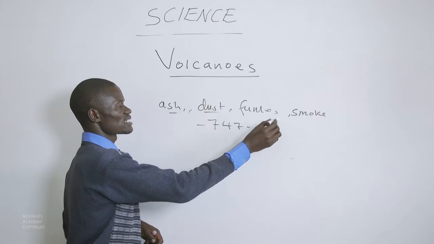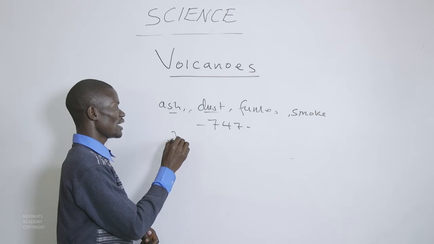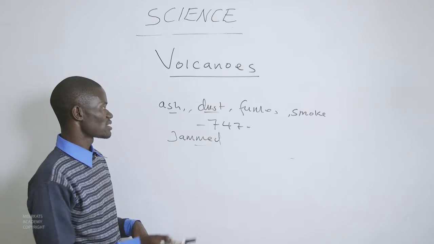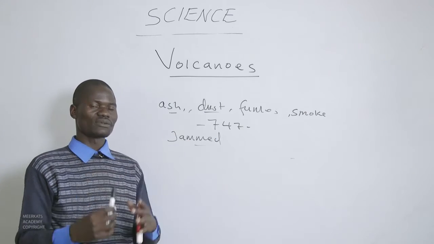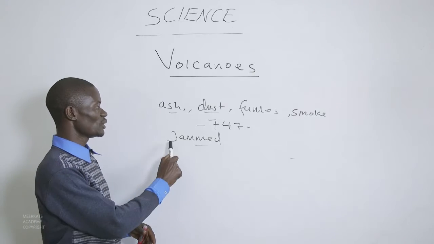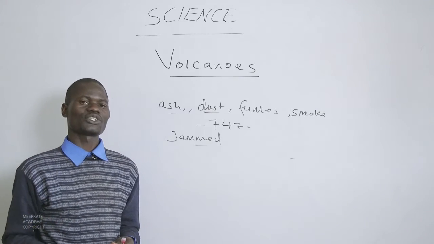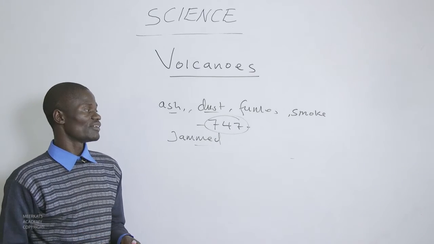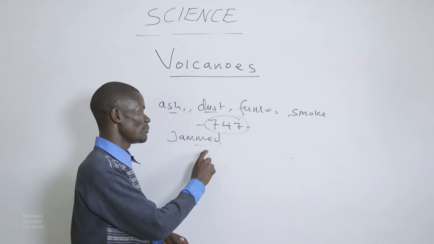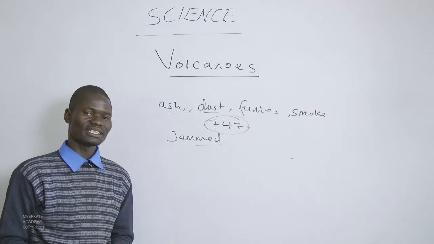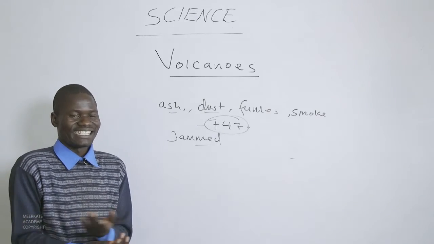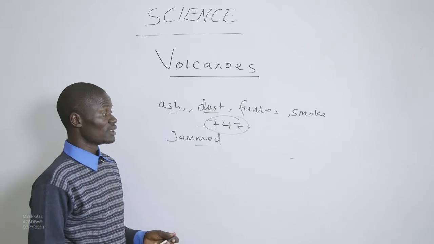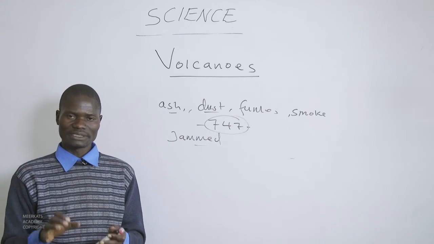And the ash, dust, and some of the smoke, because the radar is not very sensitive to the ash and dust found in the atmosphere, jammed all 4 engines of the Boeing 747. And as a result, the pilot lacked movement, and the plane crashed. Therefore, this is also one of the effects of these volcanoes.